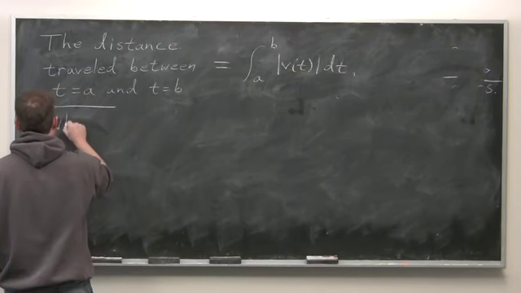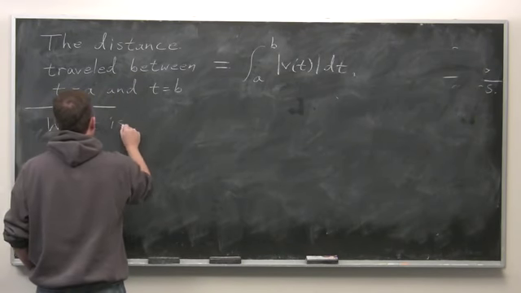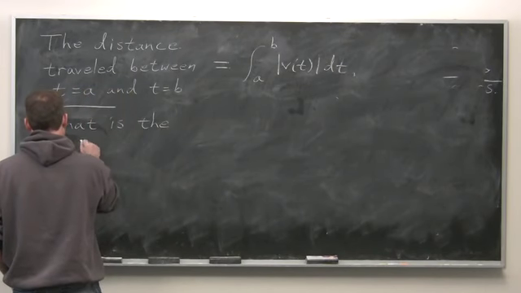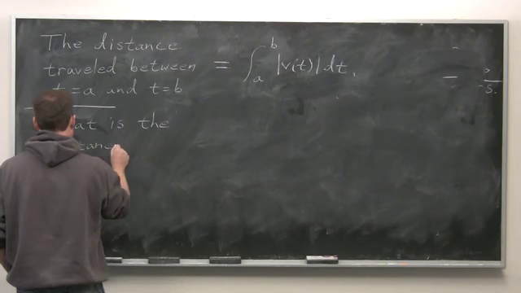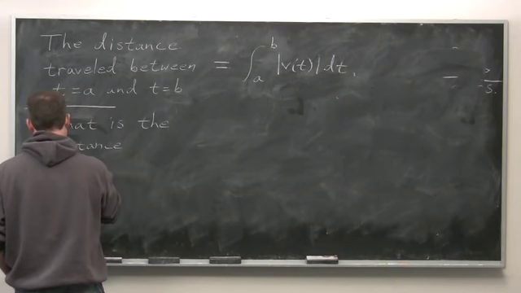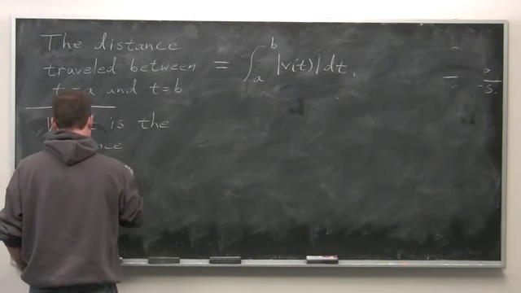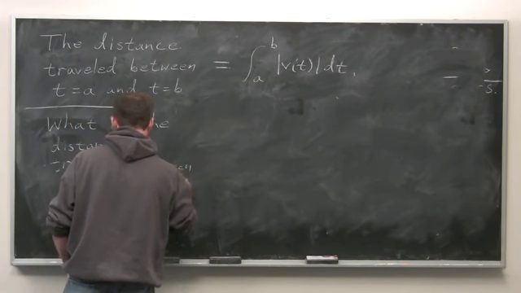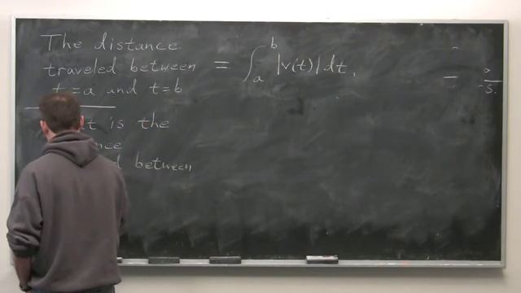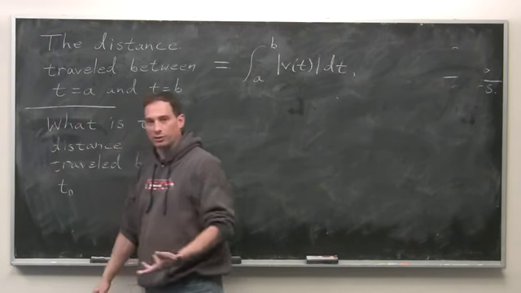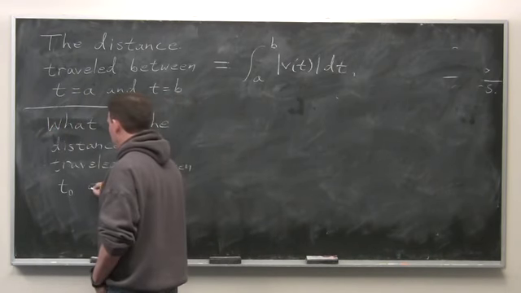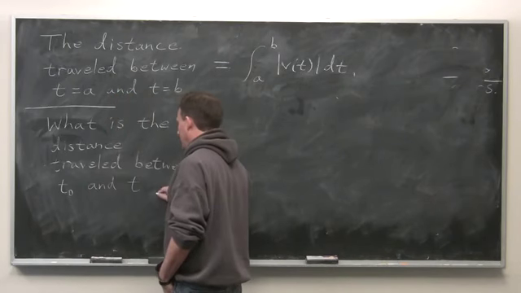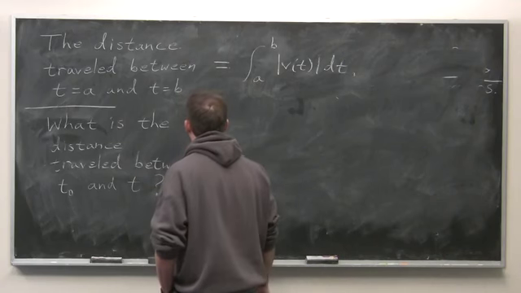So what is the distance traveled between t naught, some initial time, which is a constant, and t, where this is a variable.